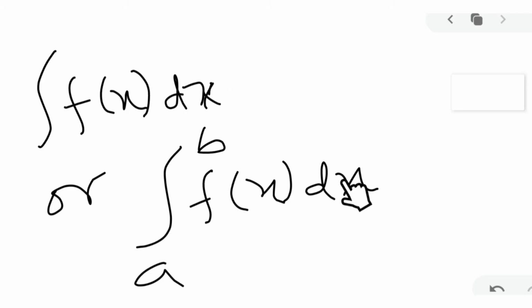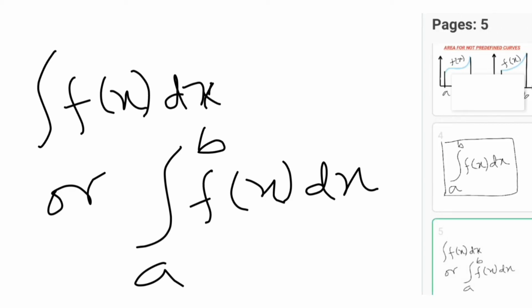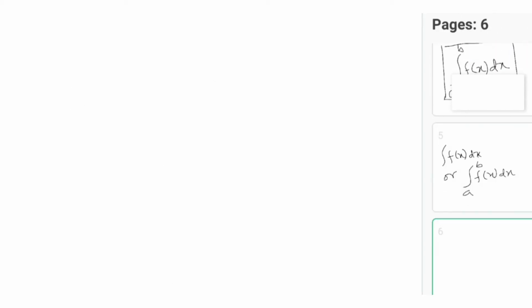But this we call a definite integral because the limits from a to b are defined. This we did in the first semester. But in this semester we will focus on the concept that integration will depend on the number of variables.